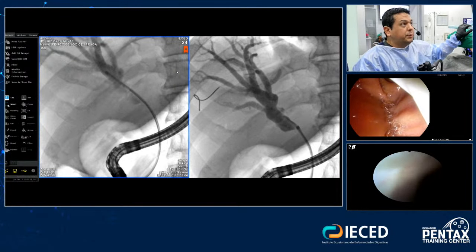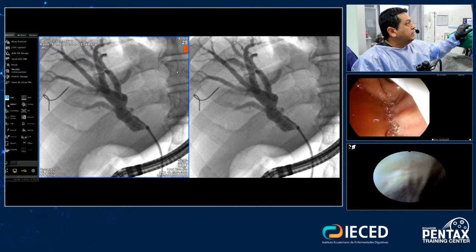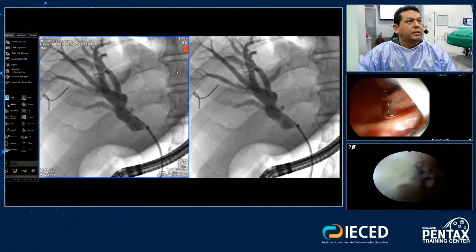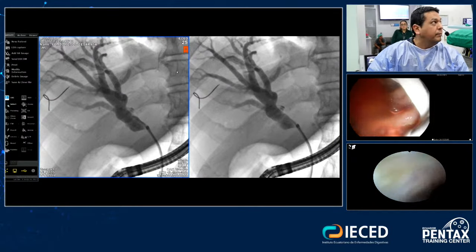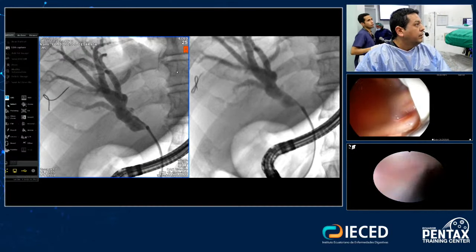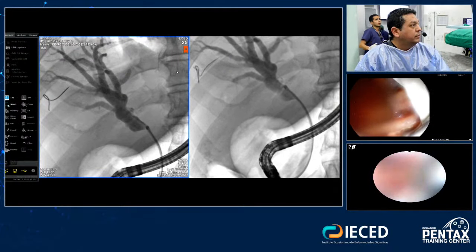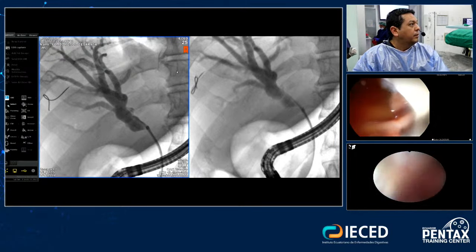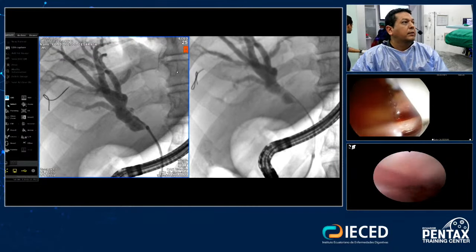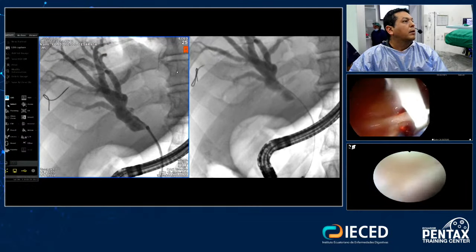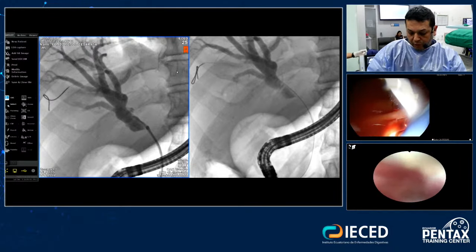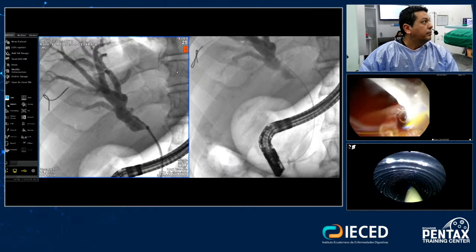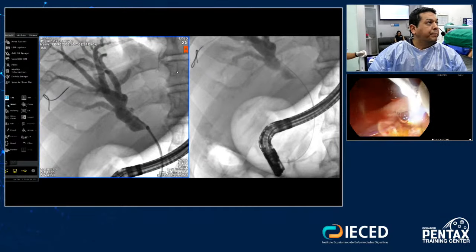Unfortunately, this patient already has metastasis, so there is no chance for any kind of surgery. Picture. Okay, empuja. Now we will put a metallic stent, fully covered. Totalmente cubierto, sí. A ver. Okay, empuja. Sí, 18 está bien. I believe it will be perfect.